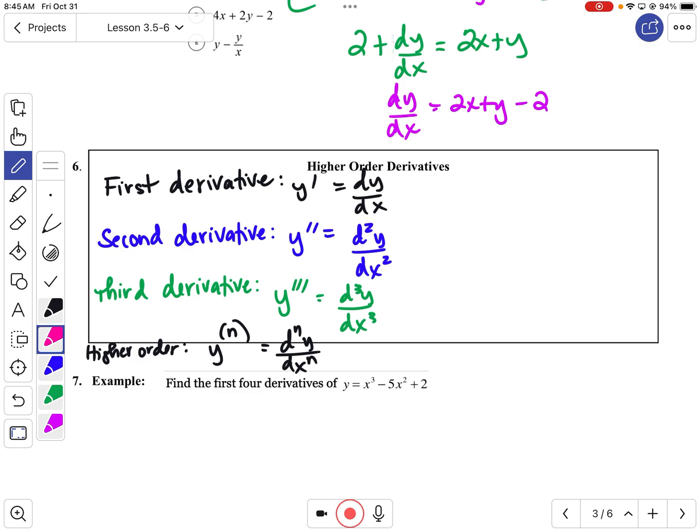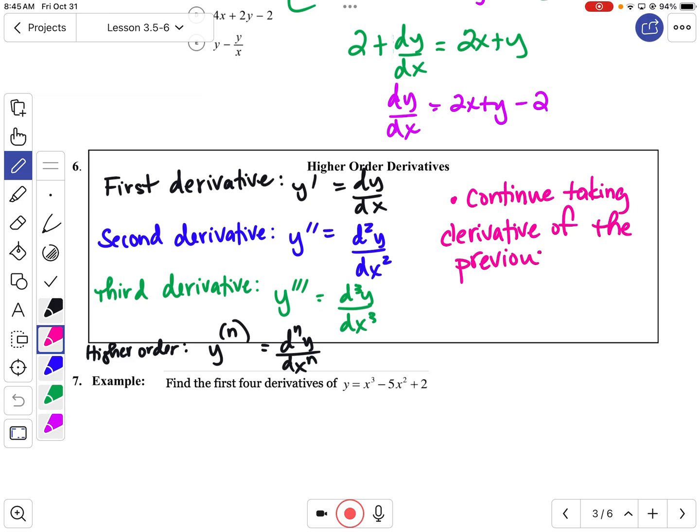So to do a higher order derivative, we just continue taking the derivative of the previous derivative. The thought of doing a higher order derivative is not hard. We just continue to take a derivative, okay? You have to do all the ones that come before it, but that's all it is.